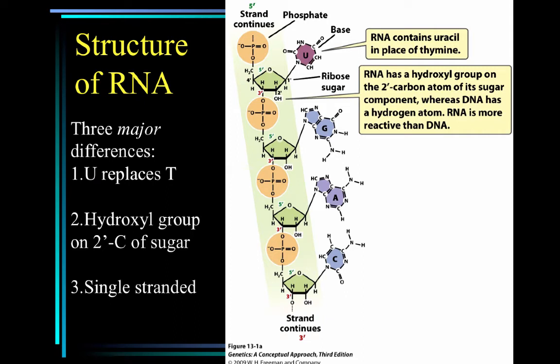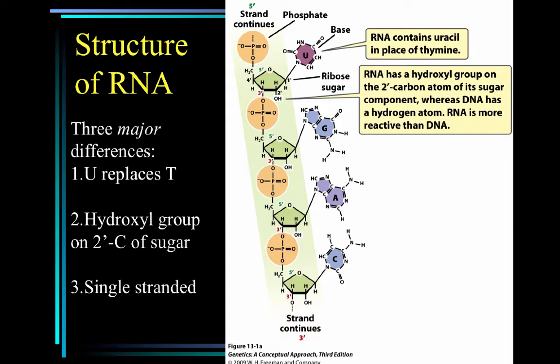RNA's structure has three major differences compared to its DNA counterpart. First of all, in RNA, uracil, or U, is going to replace thymine. The second major difference is that the hydroxyl group is going to be on the 2' carbon of the sugar rather than the 3' carbon.